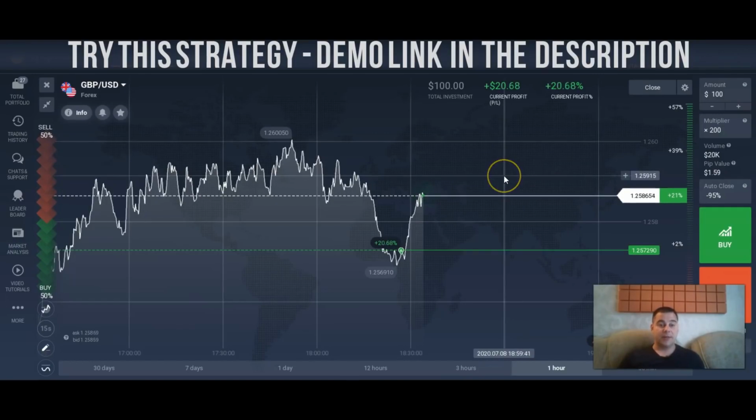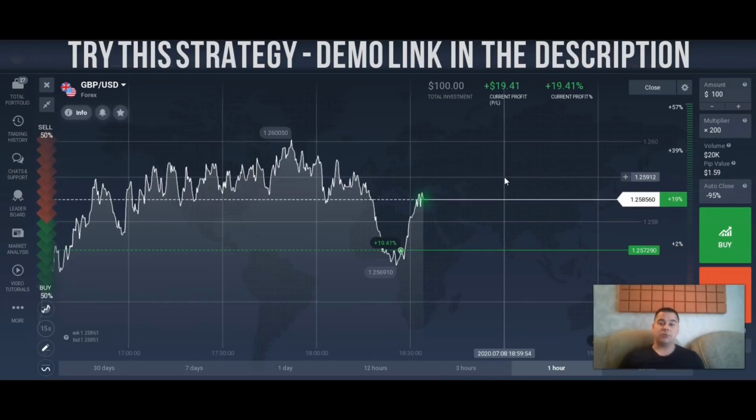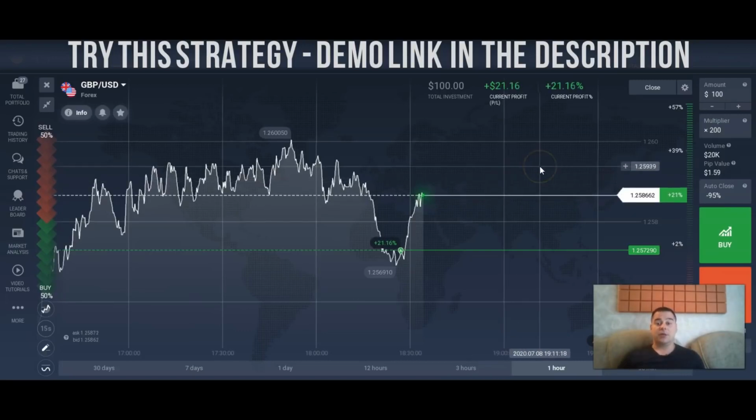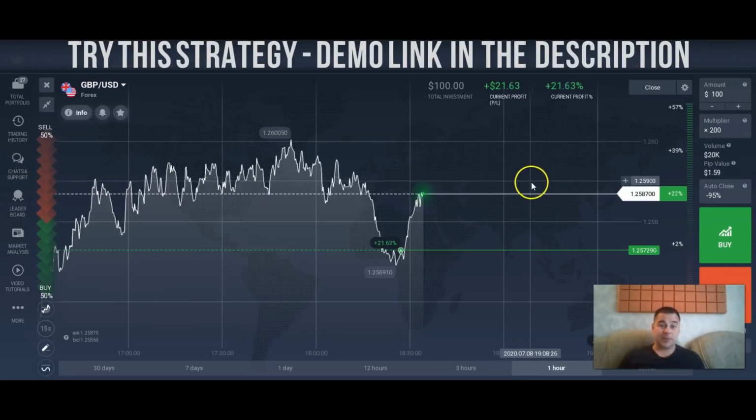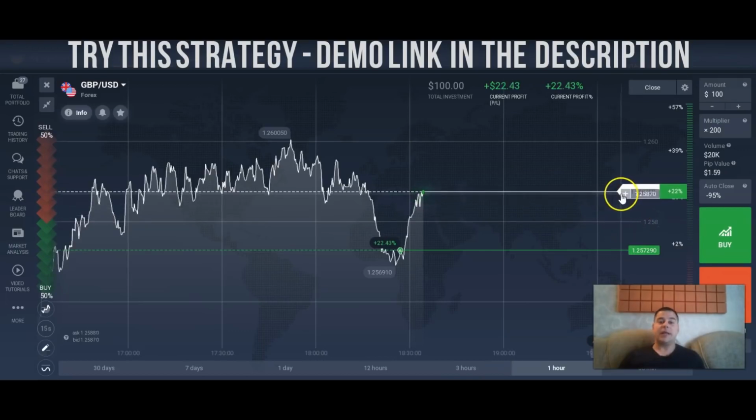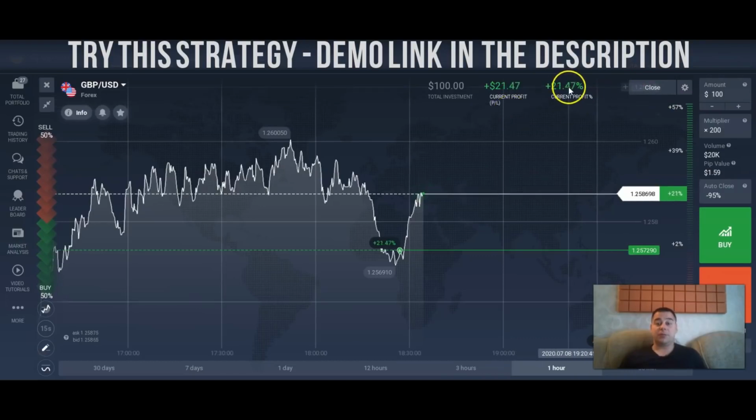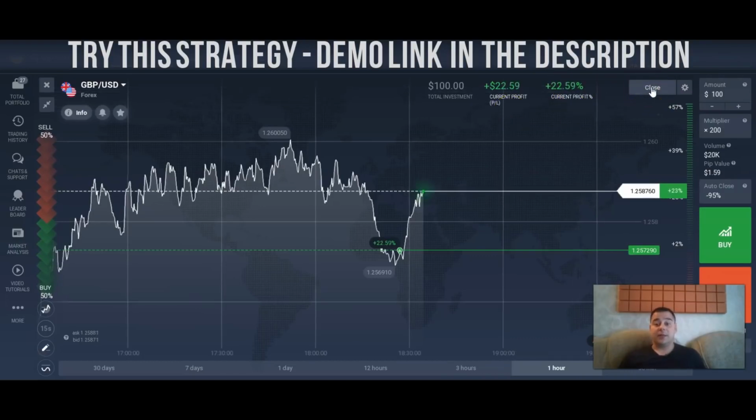On the internet and all over the world, experts say that if you have a business that gives you 50% profit per year, this is a great business. But here on this platform, you can make 20% in minutes, literally in minutes. And if you spend hours on the platform, imagine how much money you can make. For example, 23%, that's enough. In my own opinion, that's enough to close this position.